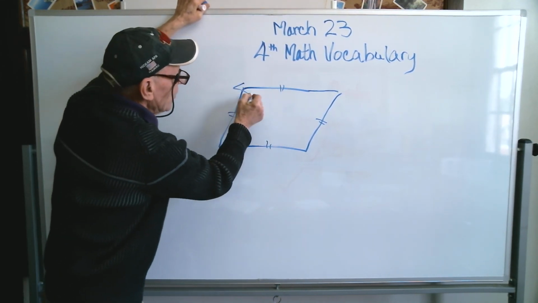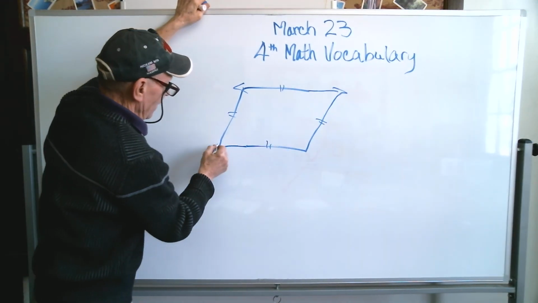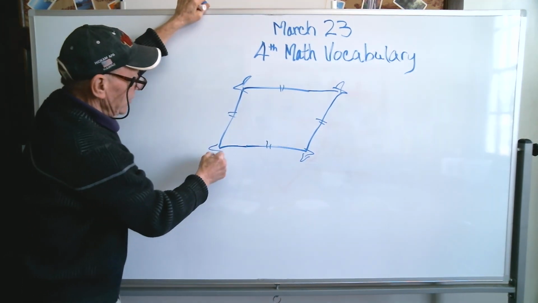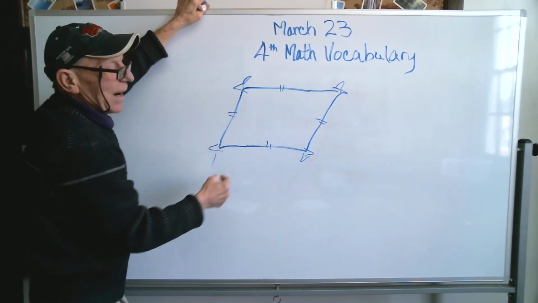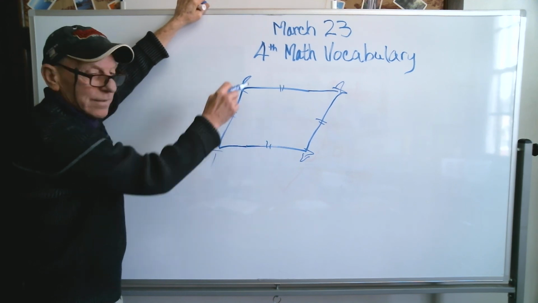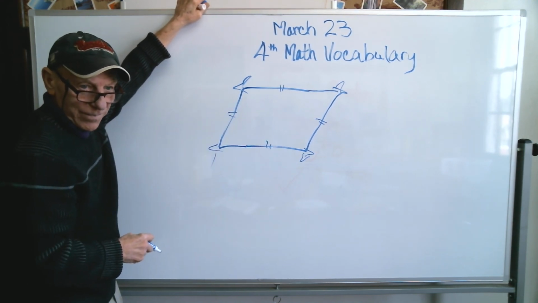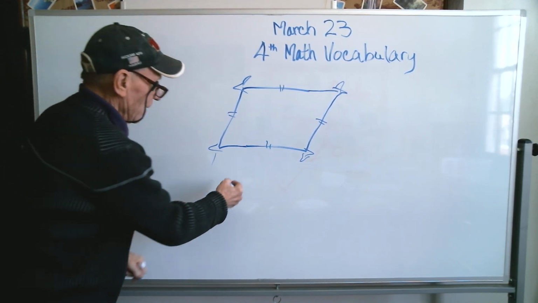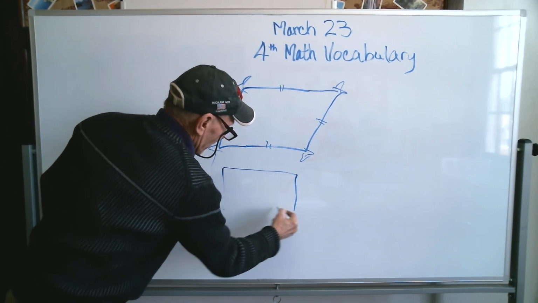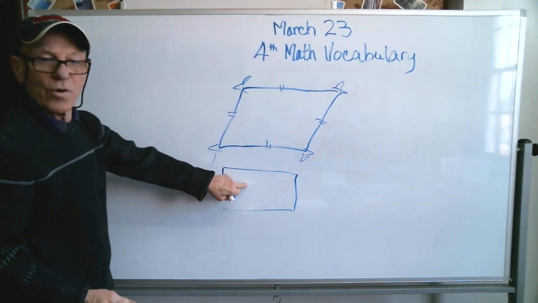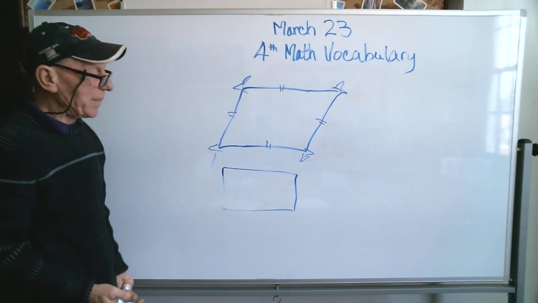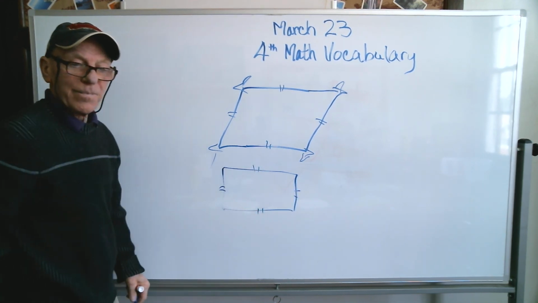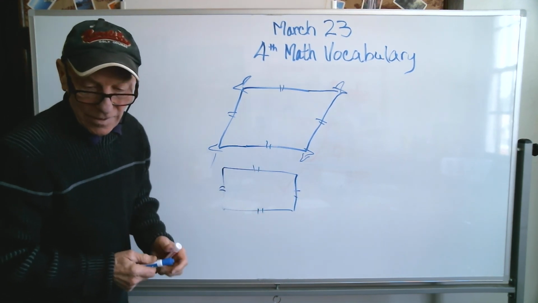They run in the same direction. Just like that. They just keep going. Same direction, equally spaced apart. That's called a parallelogram. A rectangle. We all know what a rectangle is. A rectangle is also a parallelogram because these sides are parallel. The opposite sides are parallel.